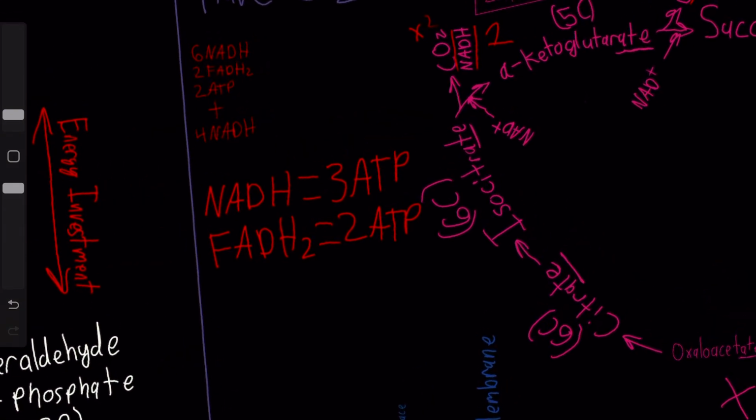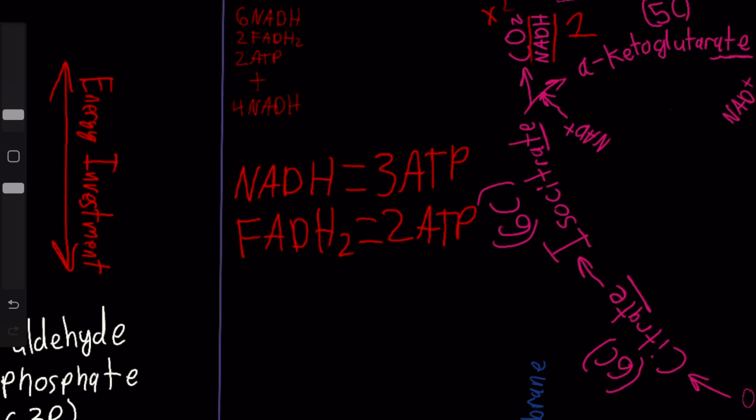Sorry if it's conflicting with you guys. This means if we have 10 NADHs, we have 30 ATP, plus our 2 FADH2s, which will be 4 ATP.